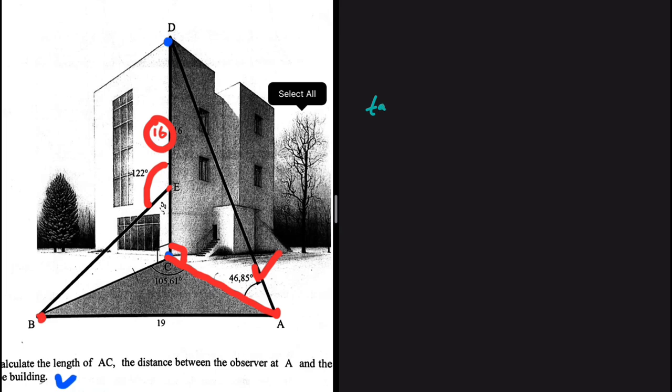Well, tan of theta is equal to y over x. Tan of theta gives us the gradient, so it is y over x. In this case, we're going to have tan of 46.85 being equal to 16 over AC.